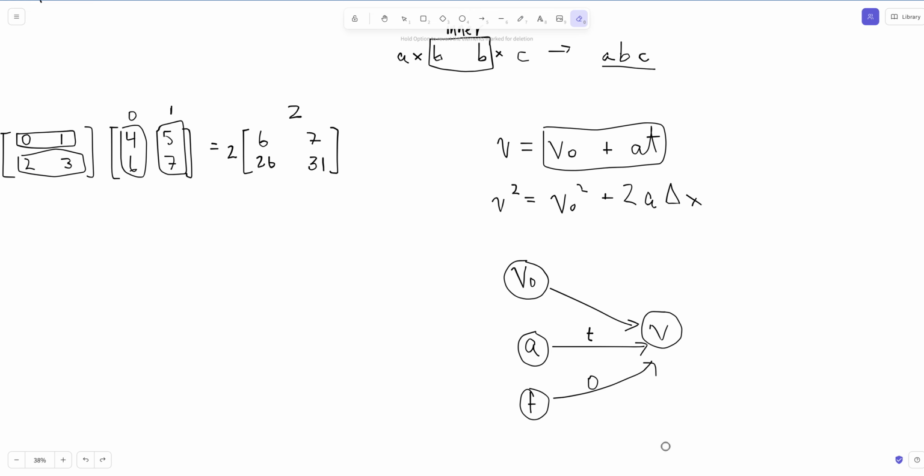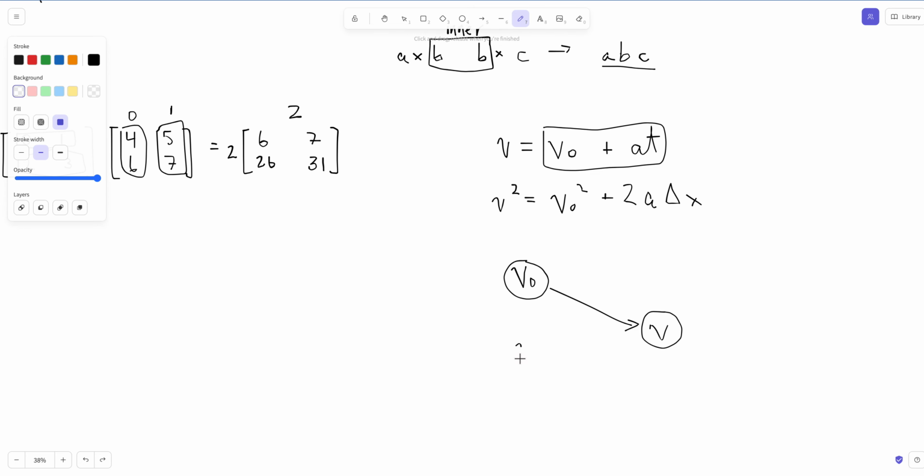So what we really need to do is keep a feature that stores the product of a and t, and that's just one feature. Okay, so now let's think about what our weights are. Well, 1 gets multiplied by v0, and 1 gets multiplied by a t.